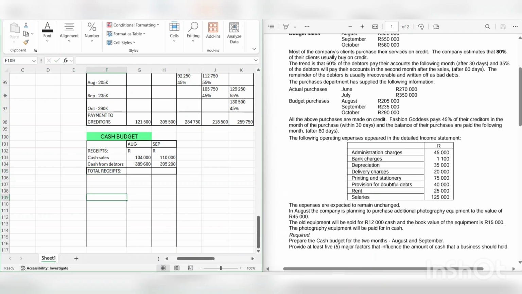Just a quick note, if we had a loan in our additional information, if it had stated that, then the loan would come after we type out cash from debtors. Okay, so if we add these totals up, it gives us this amount.